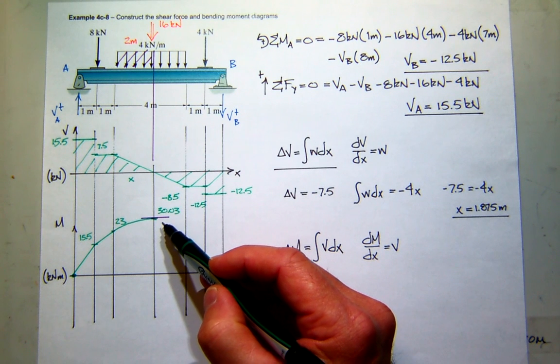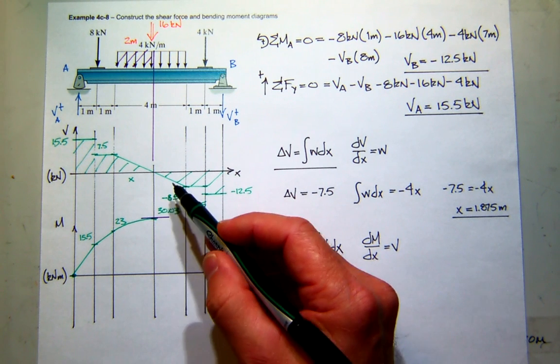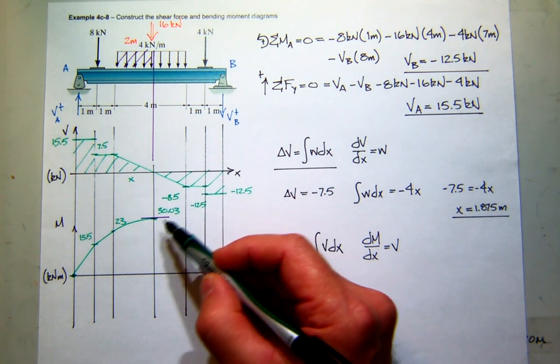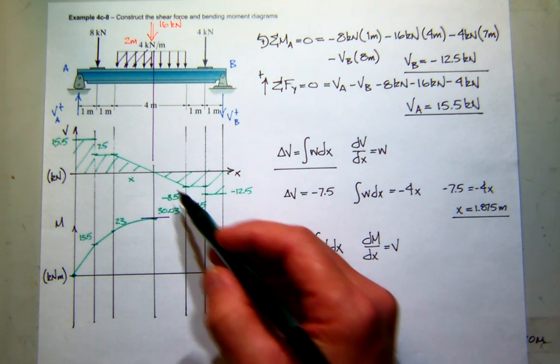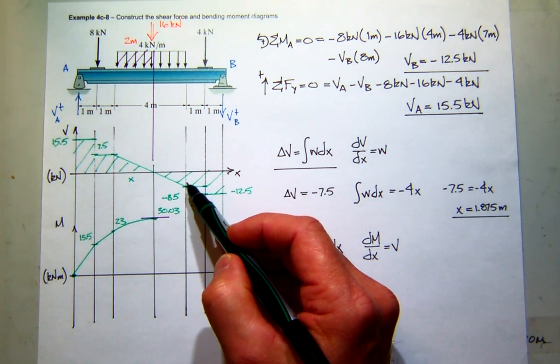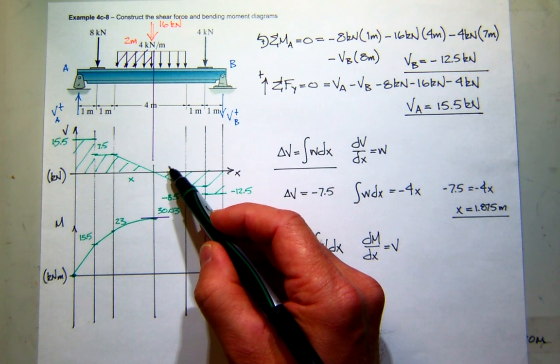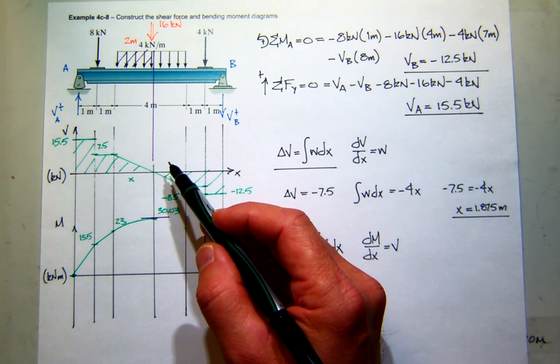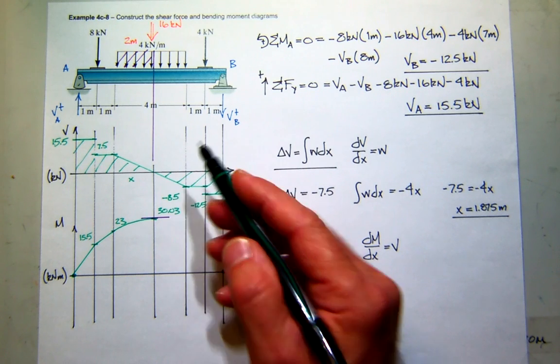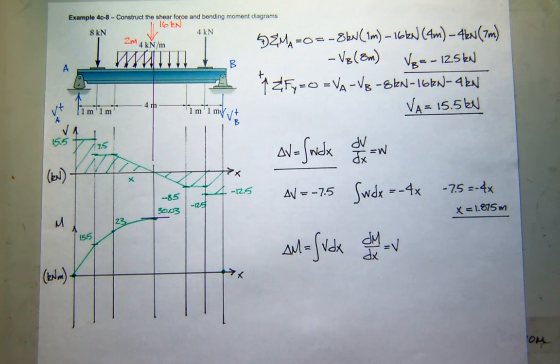But to make you feel comfortable that you've done it correctly, let's see if all this negative change brings you back to what you expect to be 0. So the next piece we have to deal with is this triangular piece. So this distance is 4 minus that. That should be 2.125. I'll go ahead and pencil that in.